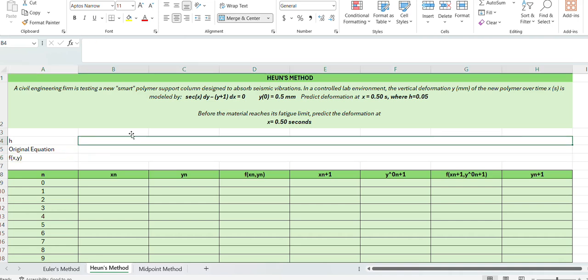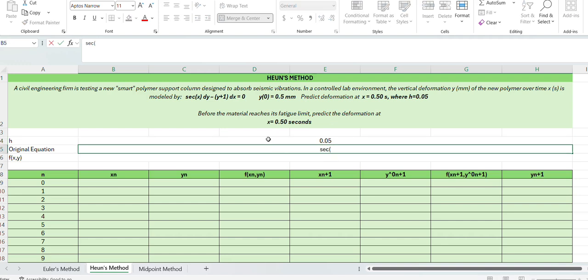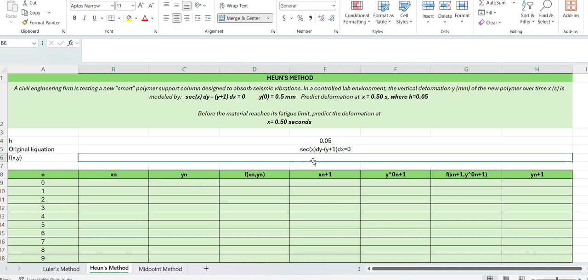The h, or the increment, is given in this problem as 0.05, as well as the original equation, which is secant x dy minus quantity y plus 1 times dx equals 0. To establish f of x and y, we must segregate dy over dx on one side and the function on the other side.